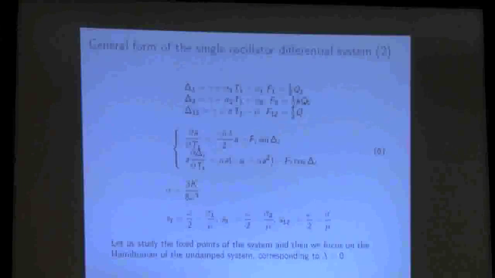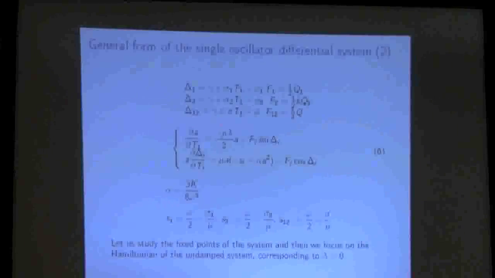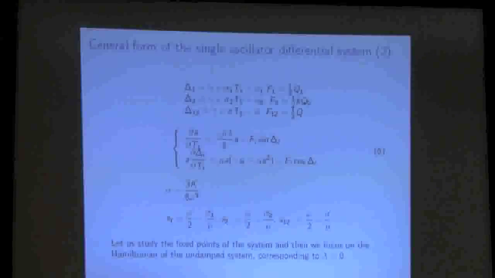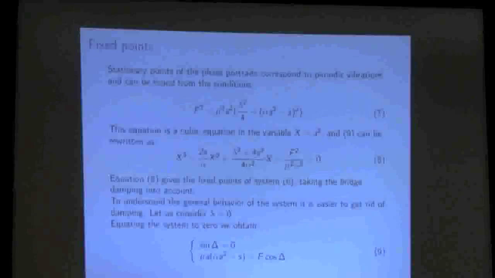Okay, so here are given these equations, delta 1, delta 2, but the form is quite similar. Okay, and I can also write the system in that form with different values for S1 according to the resonant case.